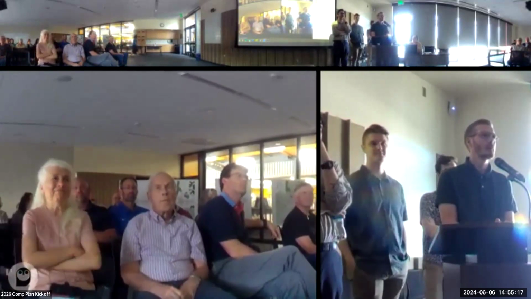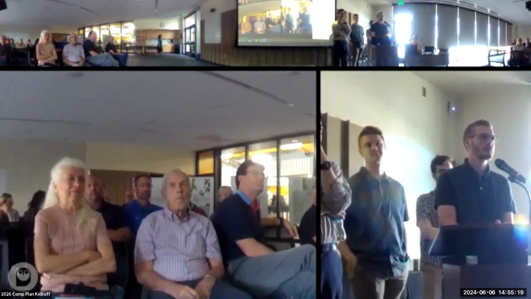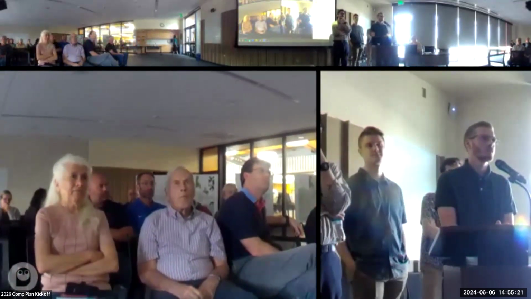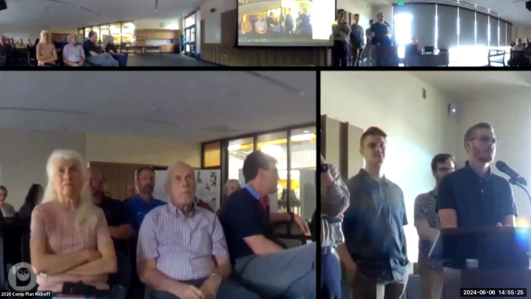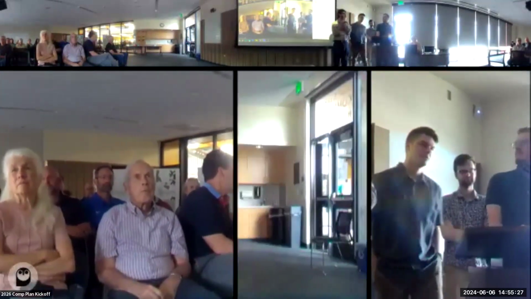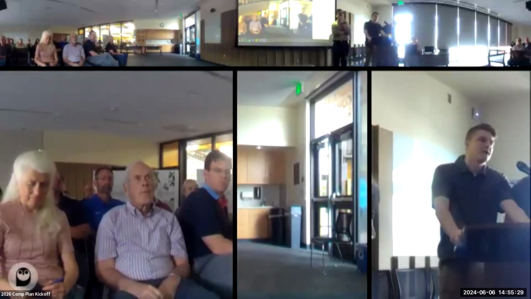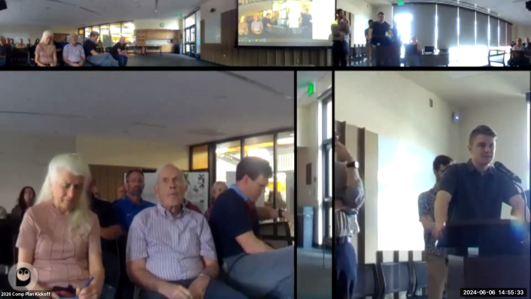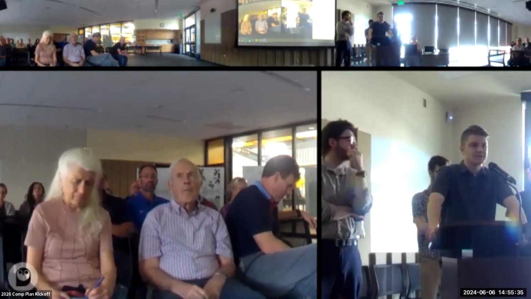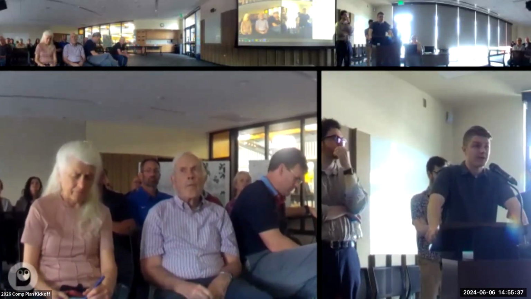So we have some property that was zoned urban reserve in 1990. Can you tell me what urban reserve is? I can take this one. Urban reserve land is land that sits usually just outside of an urban growth area.